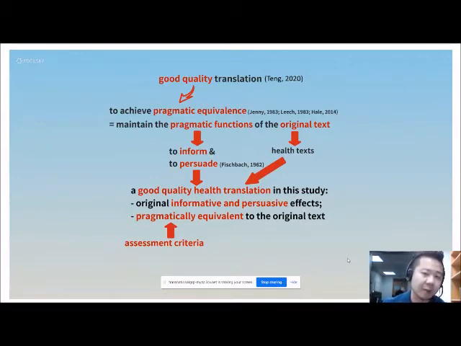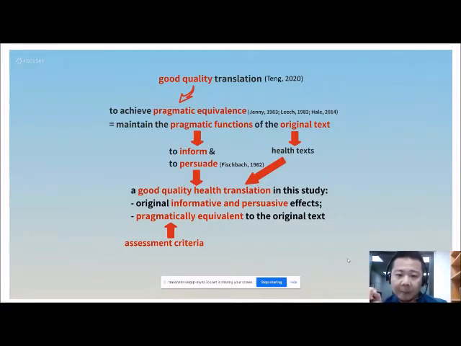And in my PhD study, as an example, the original texts were health texts, such as healthcare pamphlets that we get at the GP or at hospitals.